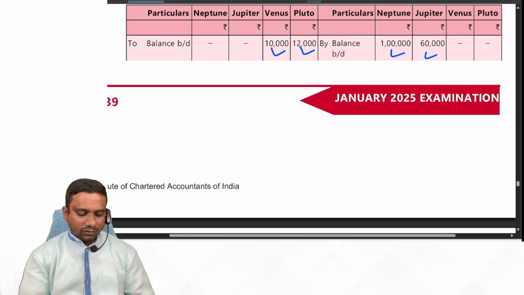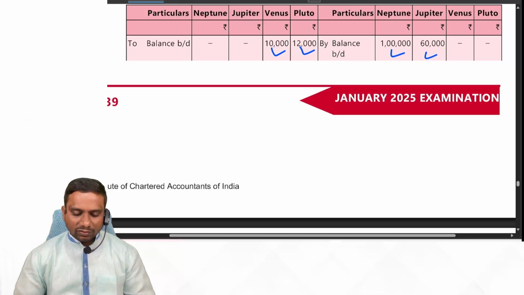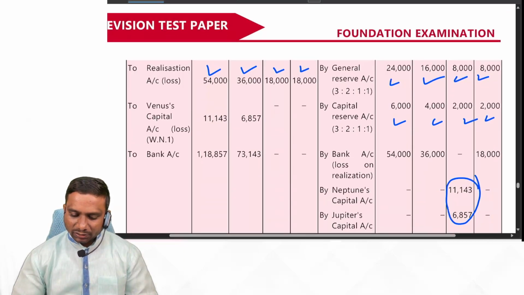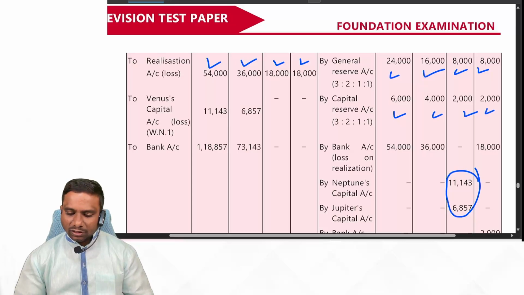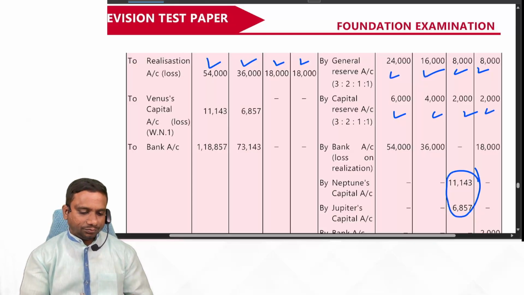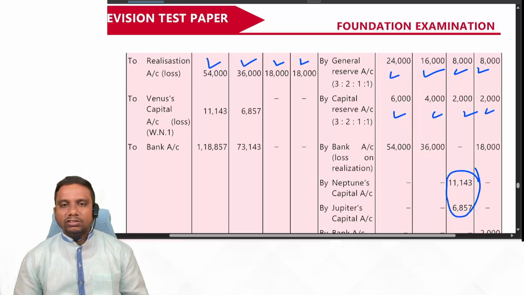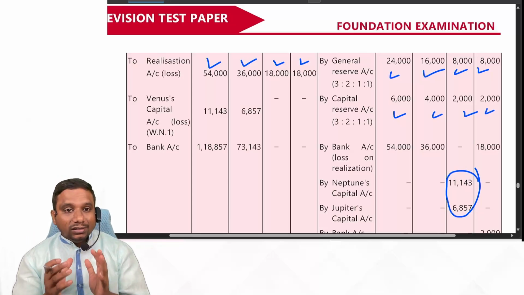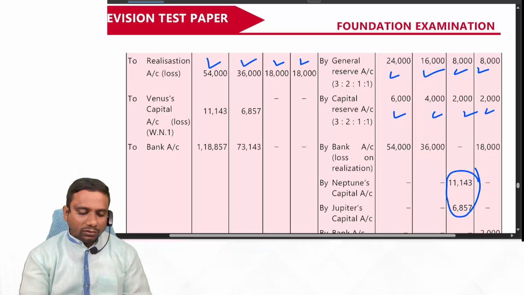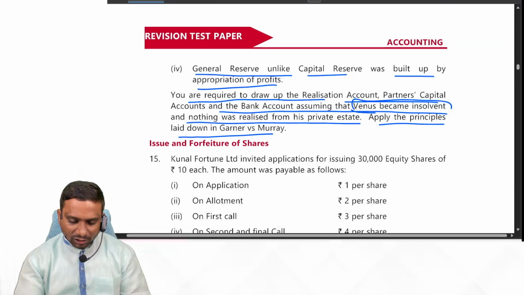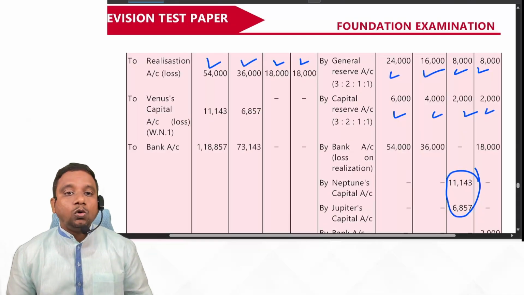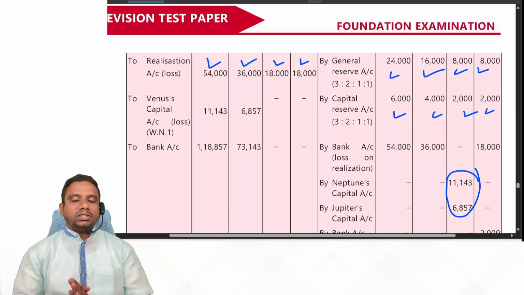Already we have 10,000, plus realization loss of 18,000, minus general reserve share and capital reserve share. Total 18,000 is the amount receivable from Venus. Venus is unable to bring this amount because he became insolvent. Nothing is realized from his assets. Now who has to bear this 18,000 rupees?